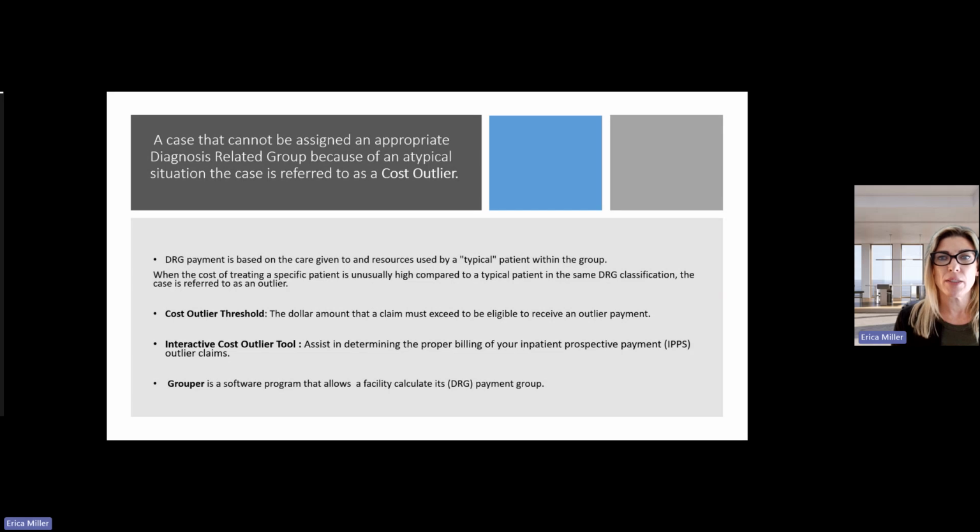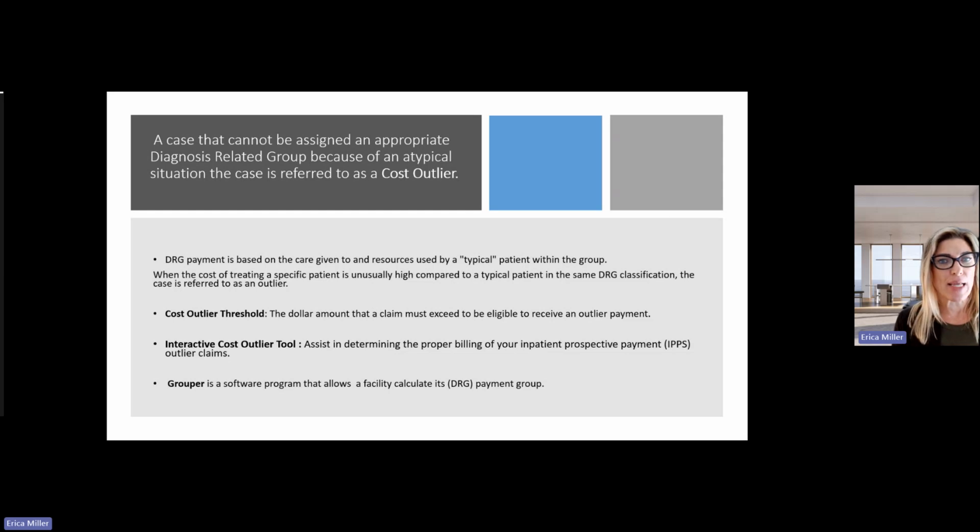All right, up next, let's talk about a cost outlier. So, when a case cannot be assigned to an appropriate diagnosis related group, DRG, because of an atypical situation, the case is referred to as a cost outlier. So, let's break this down.